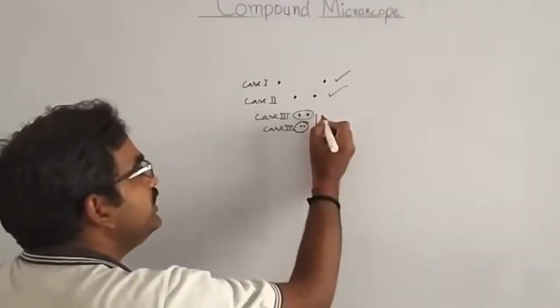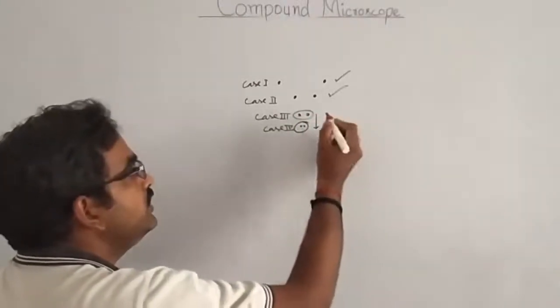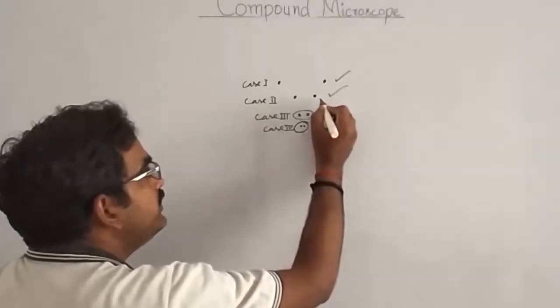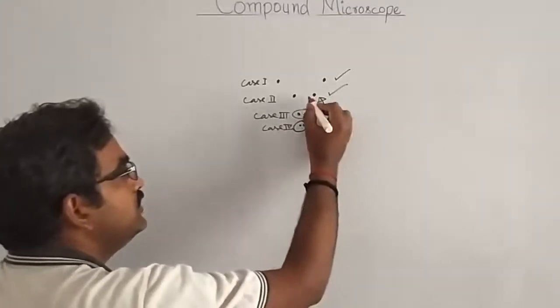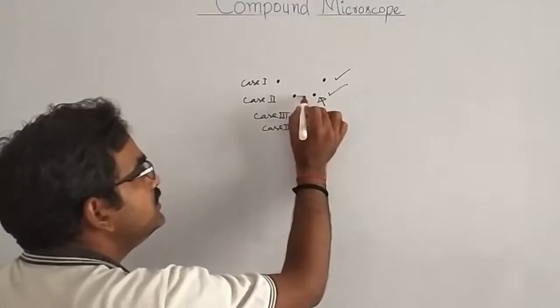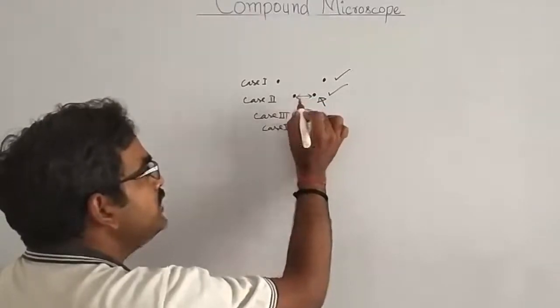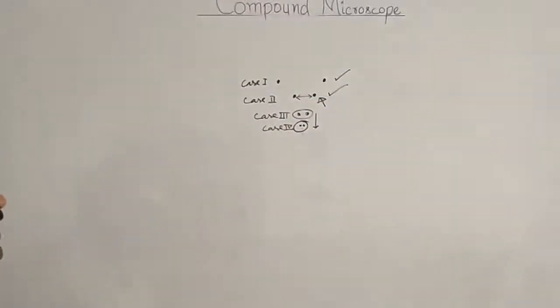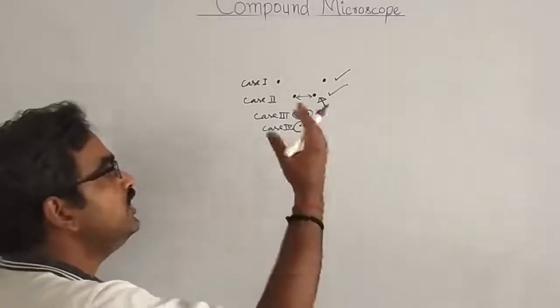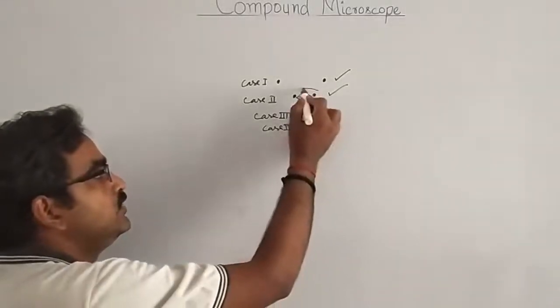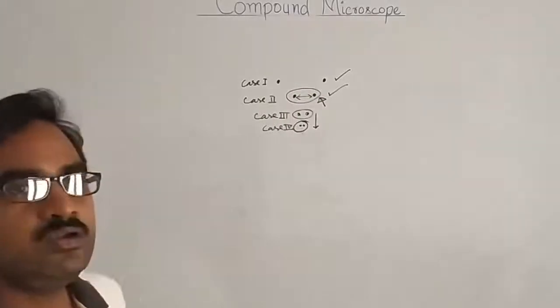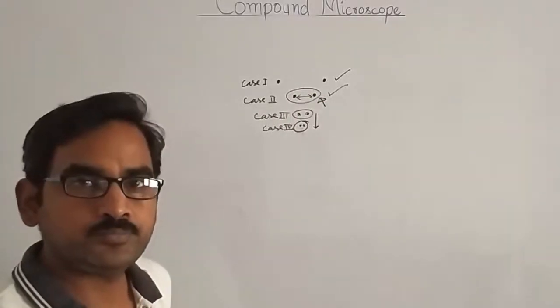So he or she cannot resolve beyond this. The minimum distance he can resolve through the left eye is this. So this is what we call the resolution.